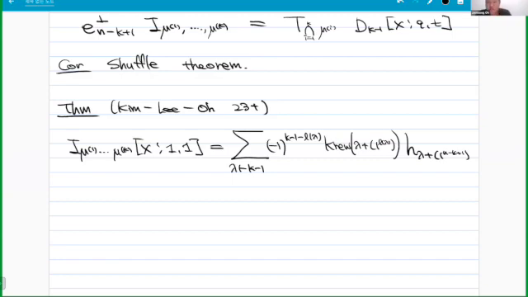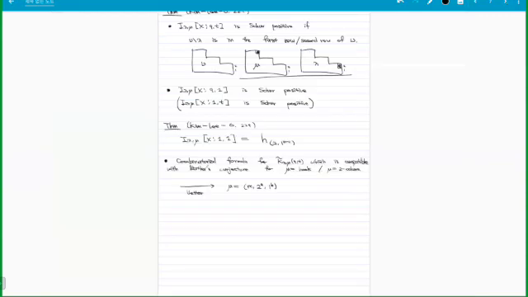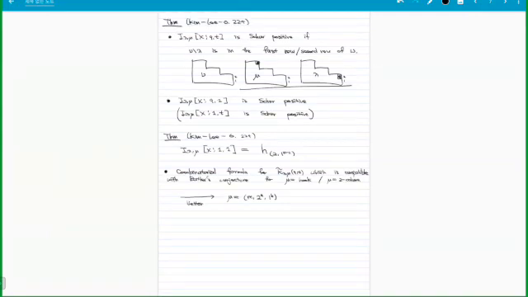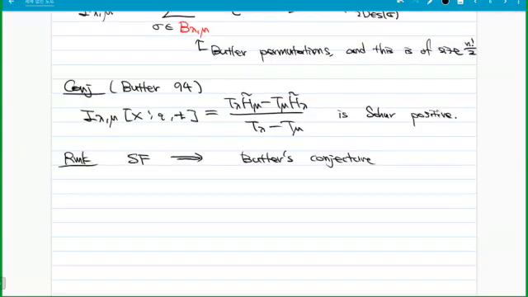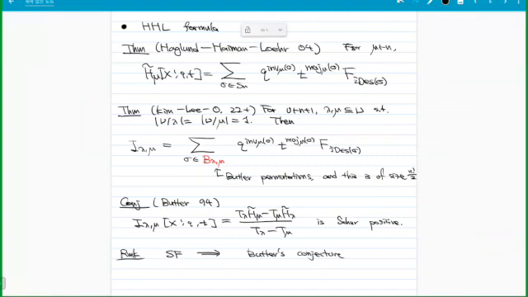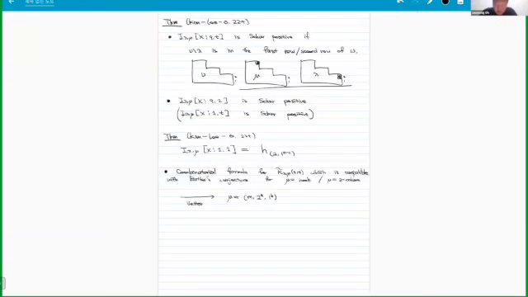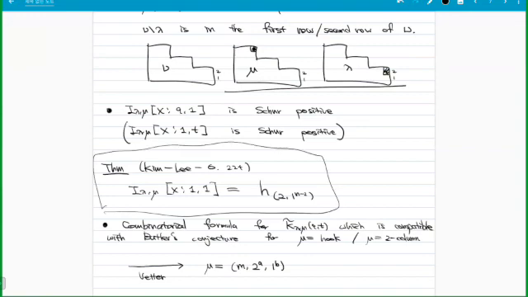Okay. The next question is two or three pages back, where you had the 1-1 case. Yeah, this one.